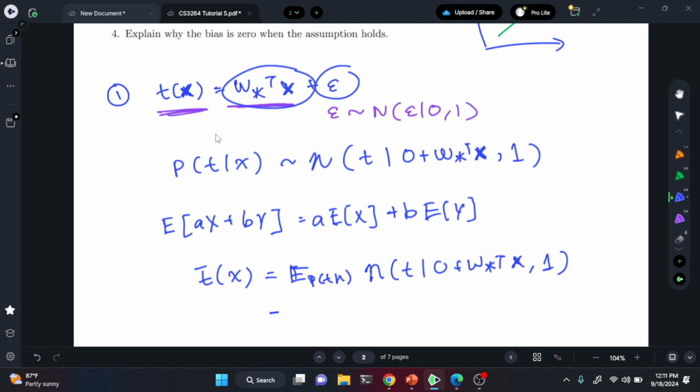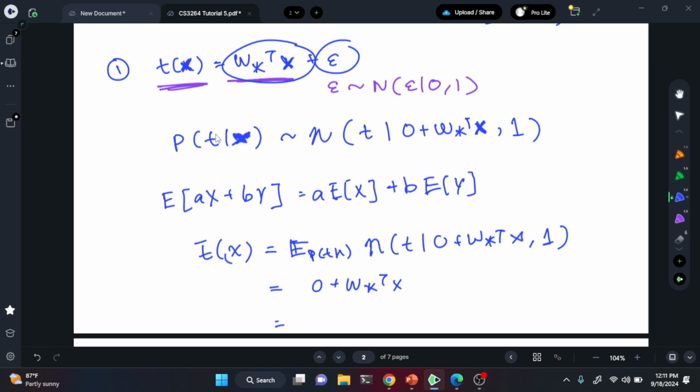Okay, this expectation is just exactly the mean, which is just the 0 plus W star transpose X. I think for this one I should put a small x, because now I use T of small x. This one is a big X. Okay, so once I have this, then this is just W star transpose small x.